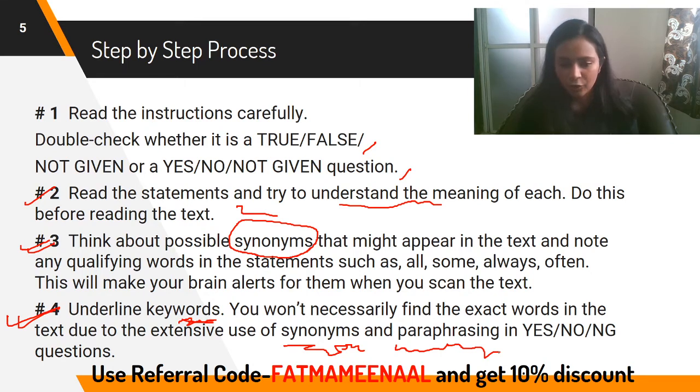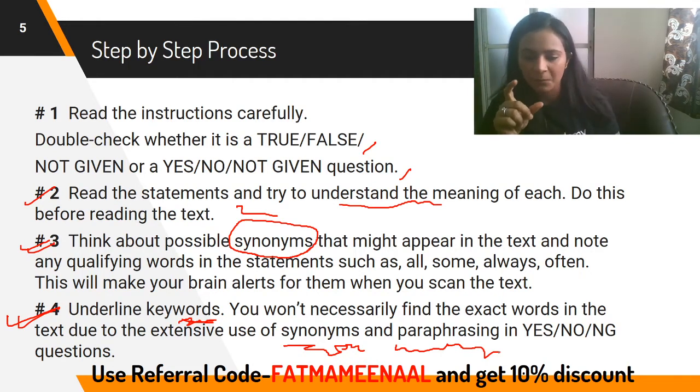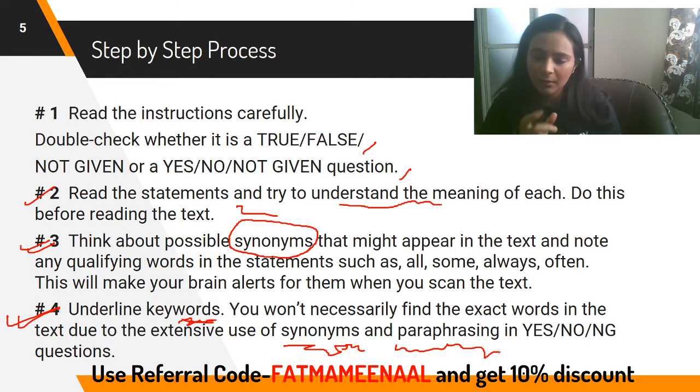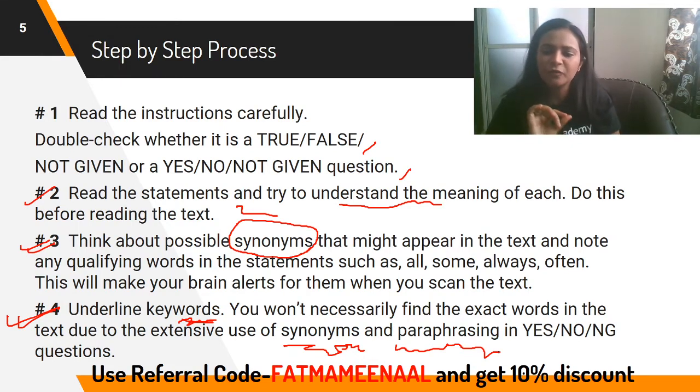Okay? So sometimes what happens is that an entire statement in the question statement, you might find in a couple of words. Sometimes you can find it in the paragraph in one sentence. Sometimes you might find it in one complete paragraph. It could be paraphrased in quite different ways, so you have to be careful.